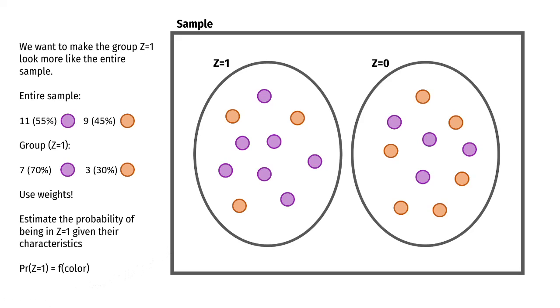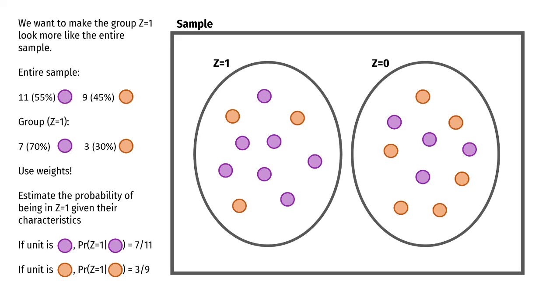So let's do that and calculate the probabilities of being in each group given your color. Basically, if a unit is purple, it has a 7 out of 11 probability to be in z equals 1, because 7 out of the 11 purple units are in this respondent group.